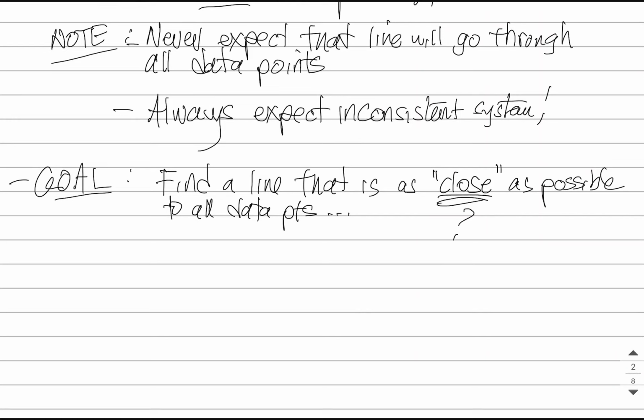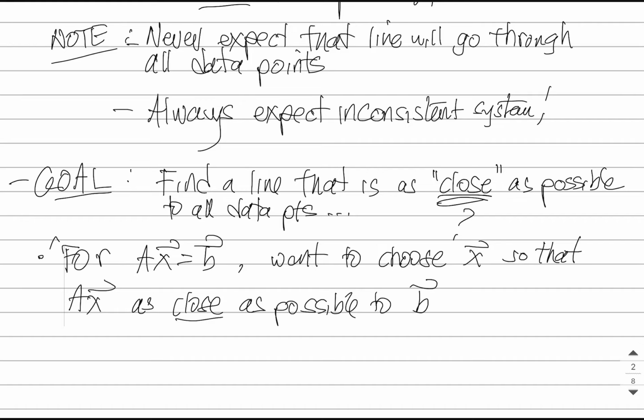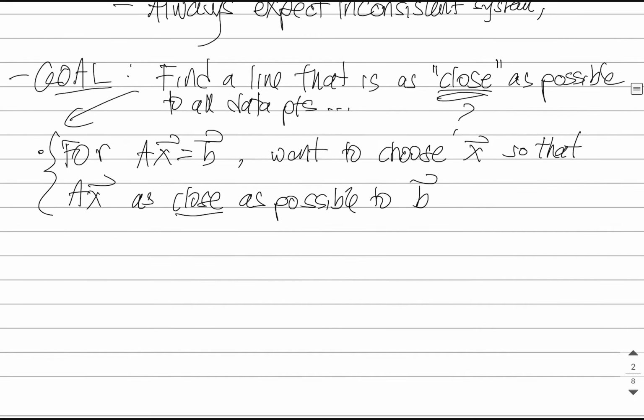And as always, math people are picky, and we have to say, well, what does that mean, right? Now, a little bit more precisely, for our system Ax equals b, we want to choose x so that this thing, Ax, this matrix-vector product, is as close as possible to our vector b. So that's what it is in a more general way of thinking, right?